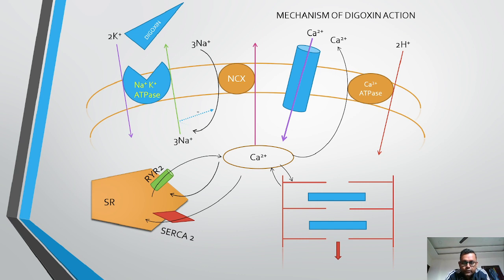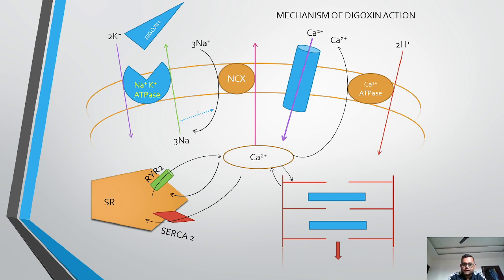How does it do this? Here in this diagram you can see a single cardiac muscle cell, or cardiomyocyte. This is the membrane. In the membrane, various types of protein channels are present: the sodium potassium ATPase pump, then NCX, which is the sodium calcium exchanger, then voltage gated calcium channels, and the calcium ATPase pump.